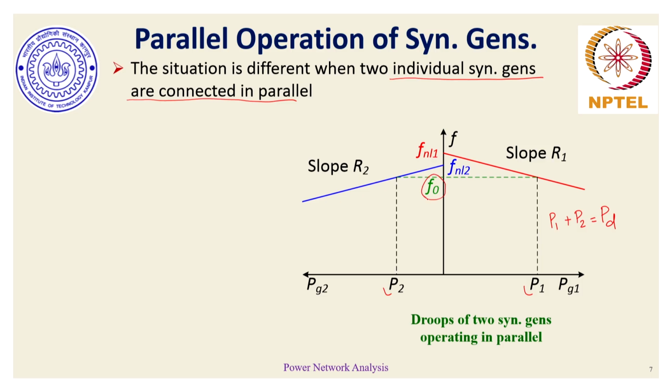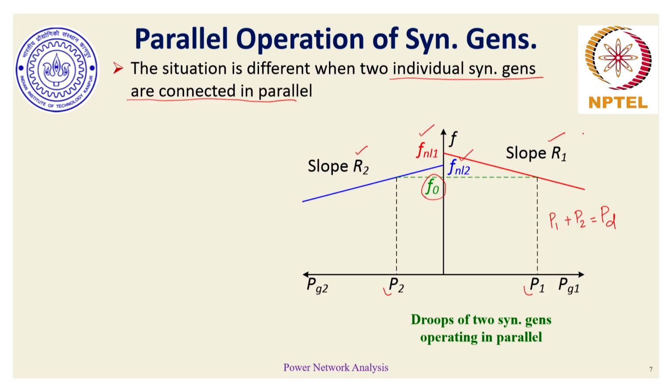Because the no load frequencies of the individual generators would be specified by the corresponding manufacturers as per the speed governor. The corresponding speed regulations would also be defined as per the individual speed governor definitions or manufacturer specifications. So if we have to find F naught, is there a way to find the common frequency at which these two generators are operating in parallel? So yes, let's try to see how we can find that.